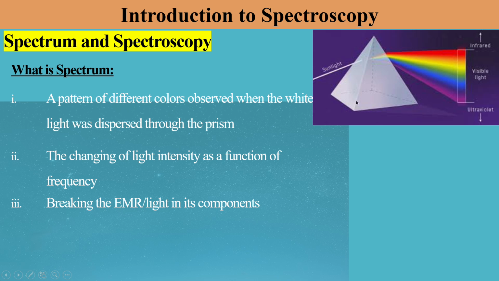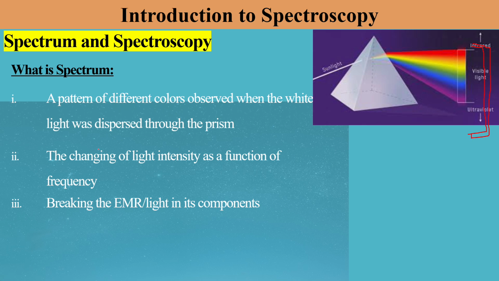If white light passes through a prism, you can see a band of different colors. This type of band is called the spectrum.